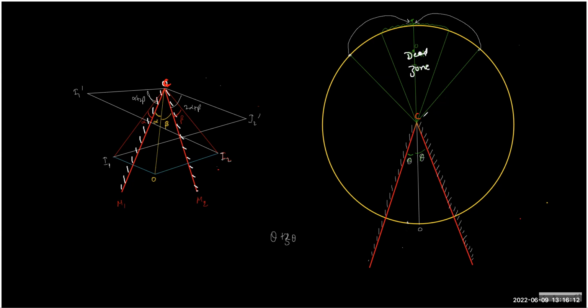So if the left mirror forms 10 images and the right forms 10 images, then how many images will you see? If both mirrors form 10 and 10 images, then how many images can we see? 19, correct. Because the last image will always coincide in case of symmetry. And if both form 11 and 11, how many do we get?